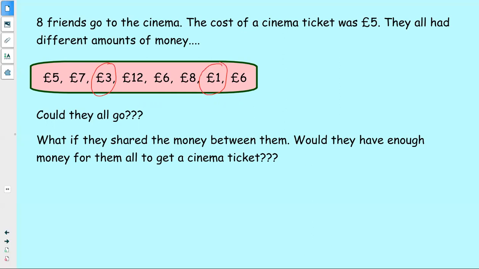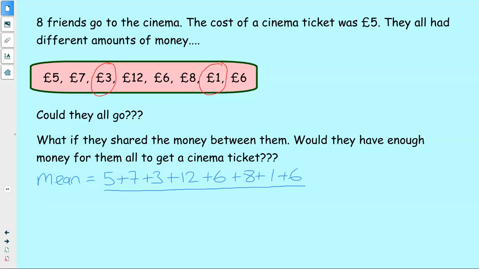So we're going to say mean would be your 5 plus your 7 plus your 3 plus your 12 plus your 6 plus 8 plus 1 plus 6. And how many values is there now in this data set?